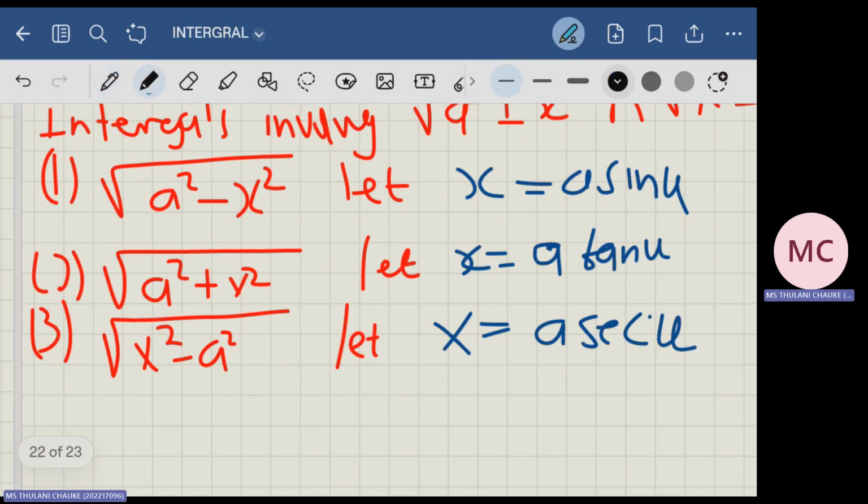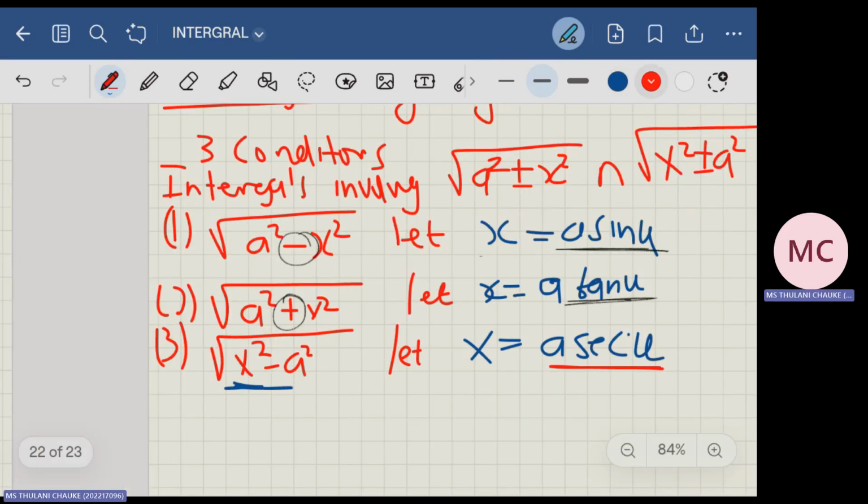The one that has got minus in between will be for sine. But if you have got plus there, you will have tan u. And if you are starting with x squared minus a squared, you will have sec u.